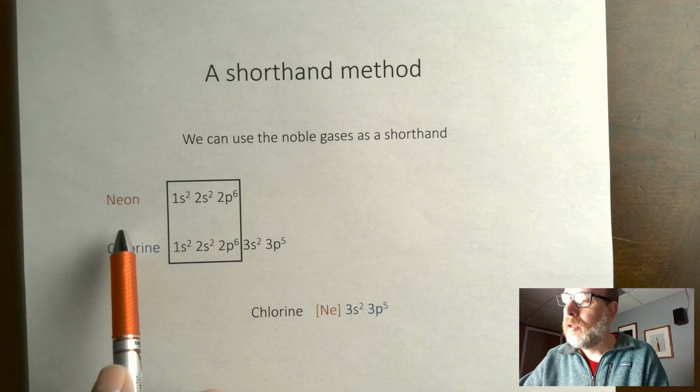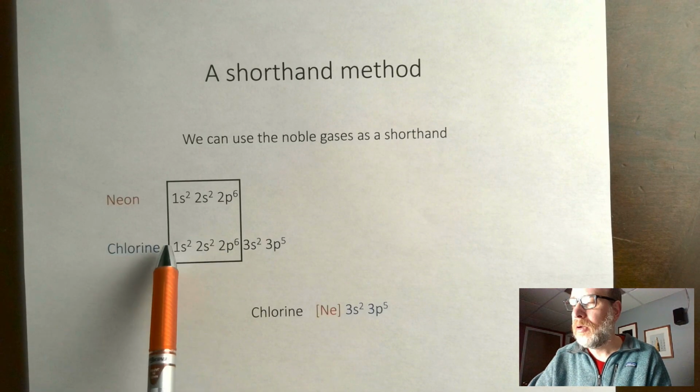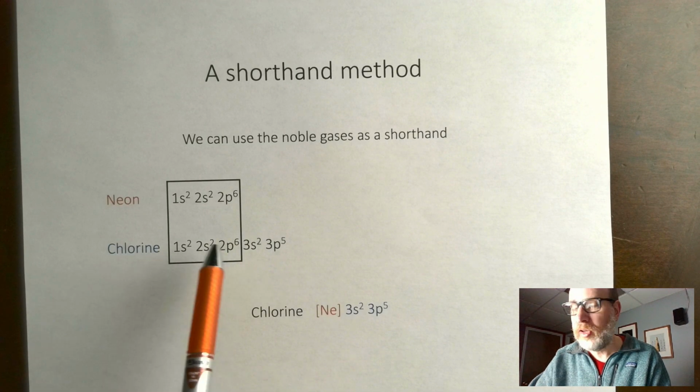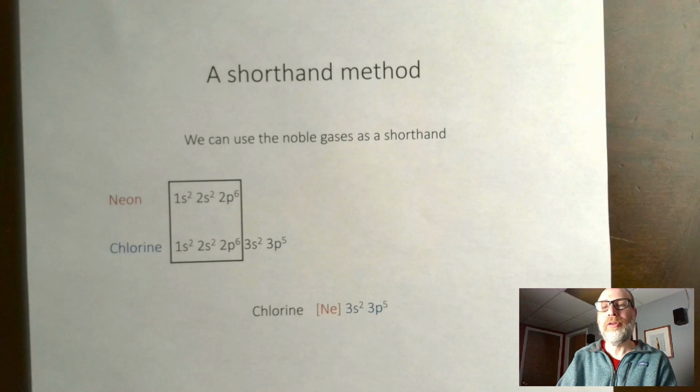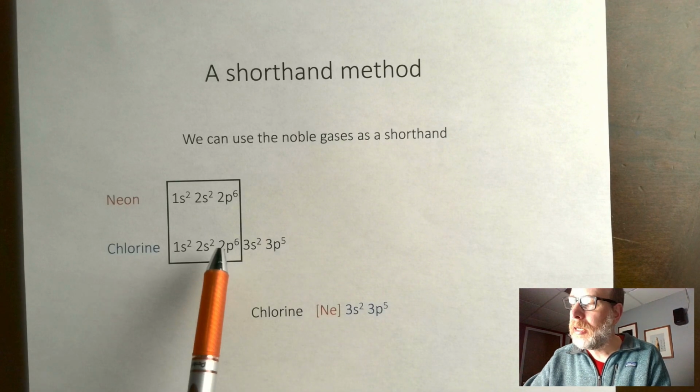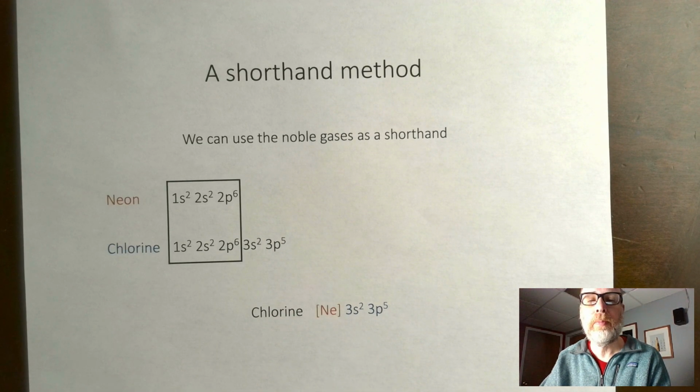So if we look here at chlorine, we could say it's got the electron configuration of neon, the closest noble gas to it, or at least the closest one behind, not in front of it. So it's got the electron configuration of neon plus 2 3s electrons and 5 3p electrons.